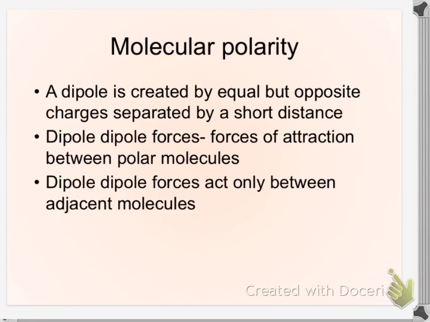Molecular polarity. Where have you heard the term polar before, in the last chapter? Polar covalent bonds. What did we say a polar covalent substance had? It's got an electron hog.